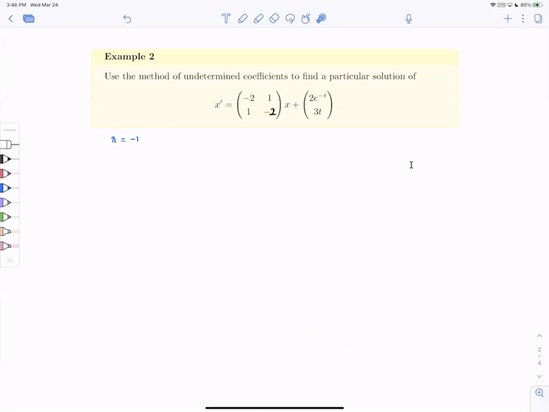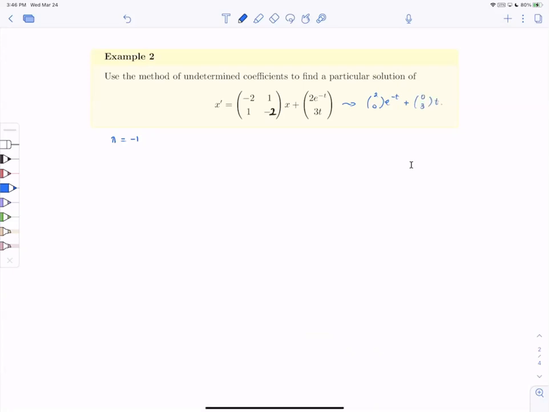So if you are just asked for a particular solution, you don't even need to find your eigenvector. Oh, but I want to write this as 2, 0, e to the negative t plus 0, 3t.